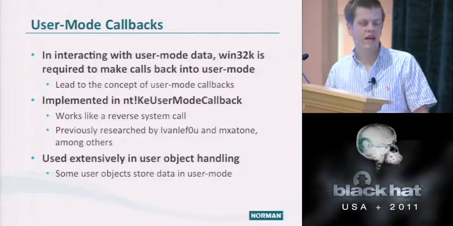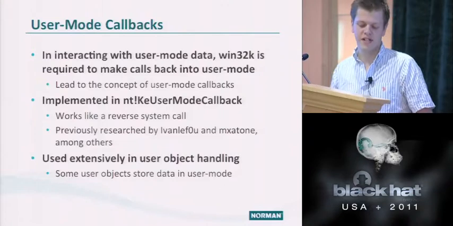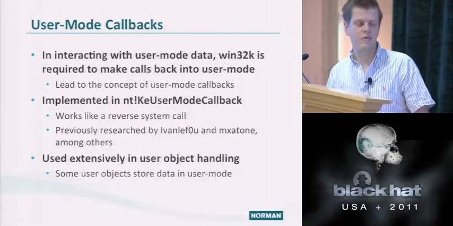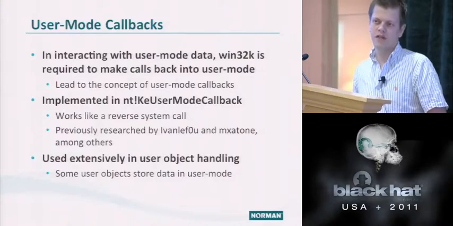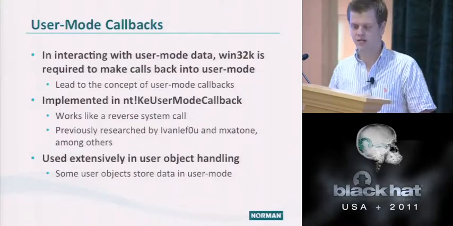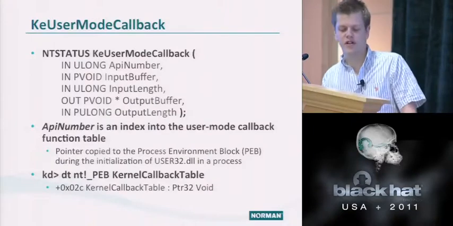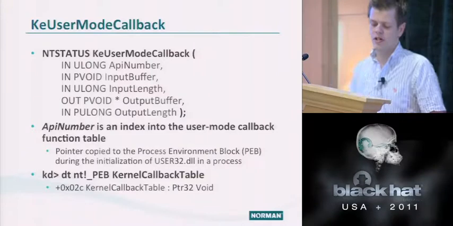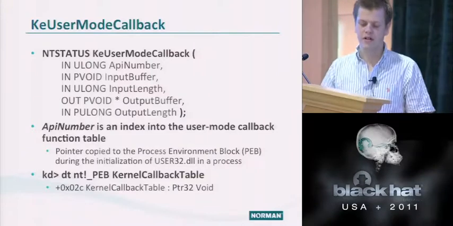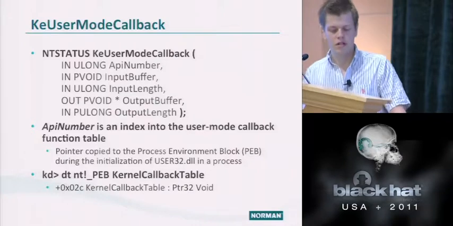And this mechanism, although used a lot in the window manager, is used extensively in user object handling itself. This is because a lot of the objects store, for instance, data in user mode. So the prototype for this function looks like this. Win32K calls this function and provides an API number that is the index into the callback table in user mode.